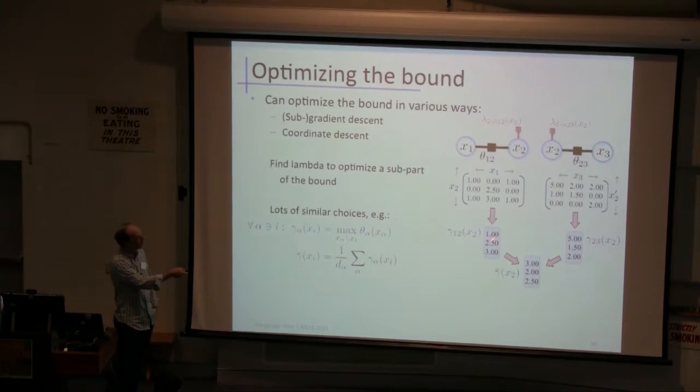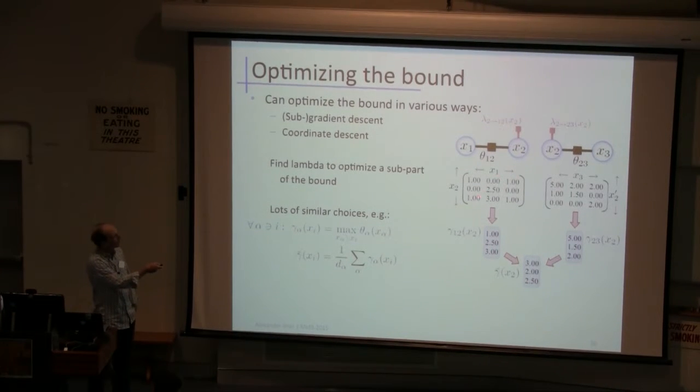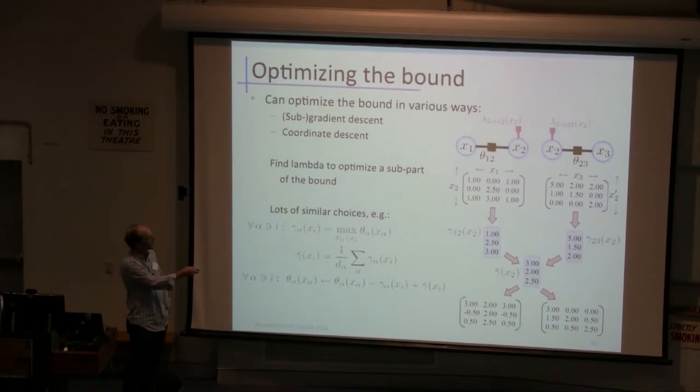We just take these two max marginals, find their average, and then reparameterize each of these factors to match this average. So here's the average of those two functions. And now if I just take this factor, subtract gamma 1, 2, and add gamma bar, I'll end up with a new factor that has exactly this set of max marginals.